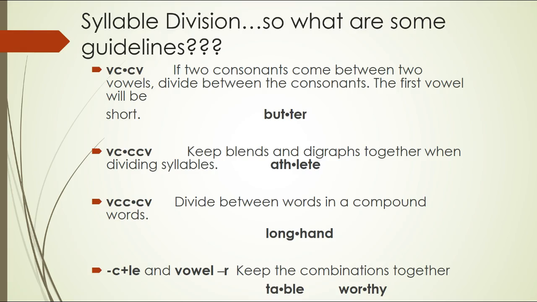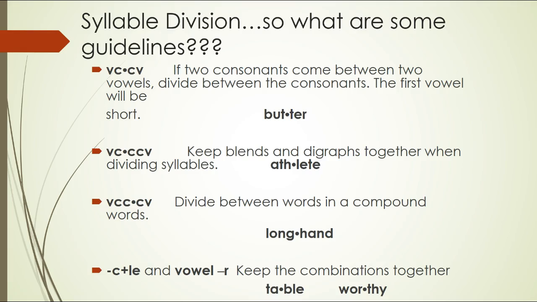Then, with vowel, consonant, consonant, consonant, vowel, we keep blends and digraphs together when dividing syllables. So you look at the word athlete, take a look at where we divide that. Then with vowel, consonant, consonant, consonant, vowel, that's a mouthful, we divide between words in the compound word. So if we have the word longhand, we actually have two words in that word, and that's where we're going to divide it.